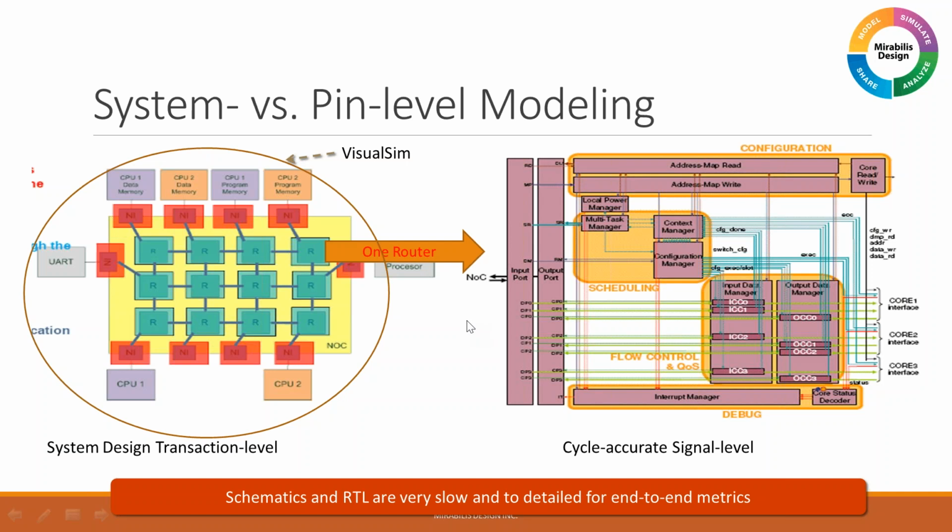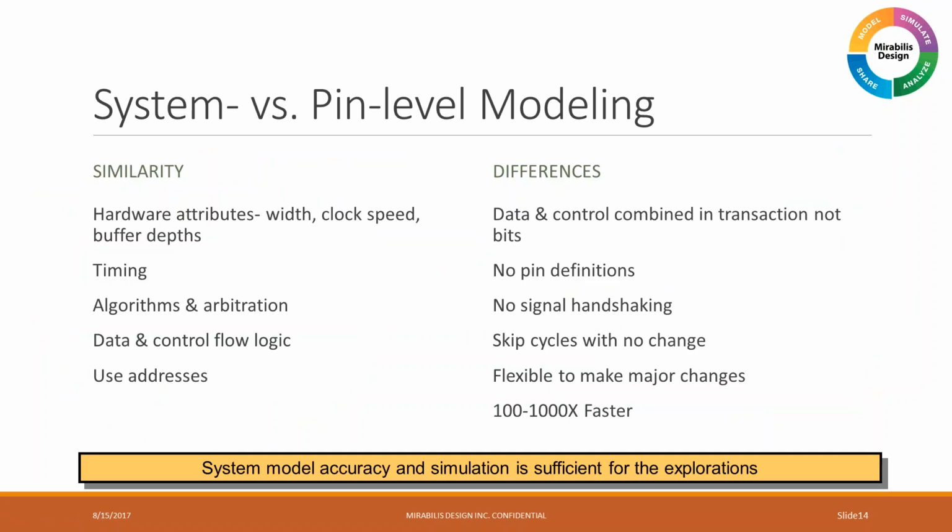How is the system design model different from a signal level model? The similarities, of course, are that you have all your clock speeds, your widths, your buffers, your algorithms, your logic, things like that. The only thing is that we use a data structure which combines your data and your control and any other simulation related attributes into the same data structure that flows through.